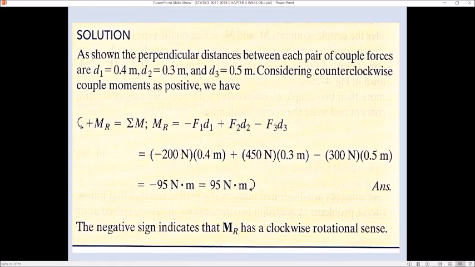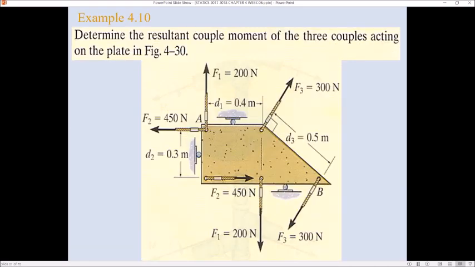For the solution, consider the counterclockwise couple moment as positive. Then the summation of all the moment is equal to negative F1 times D1 plus F2 times D2 minus F3 times D3.